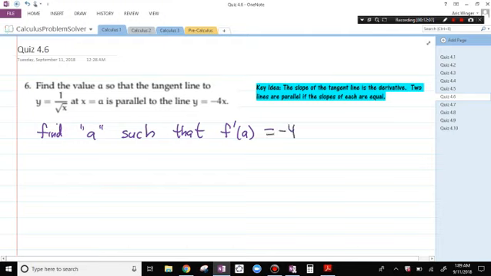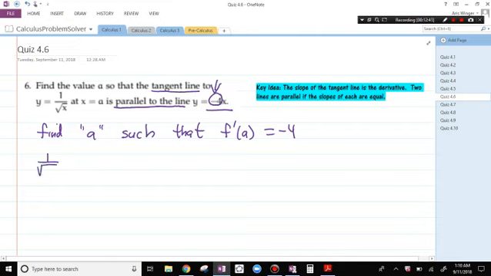We're going to take the derivative of y and set it equal to negative 4 because we want the tangent line to have the same slope as this line. The slope of the tangent line is the derivative, so we want the derivative to be the same as the slope of this line. We want the derivative to be negative 4.